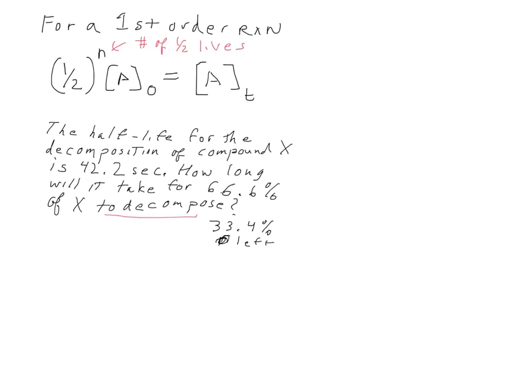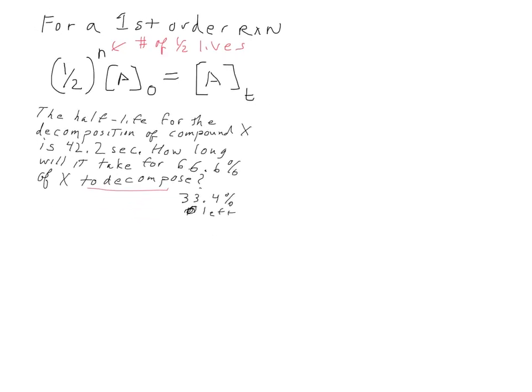So that means that my concentration at time t is going to be 33.4% of my concentration of A sub 0.